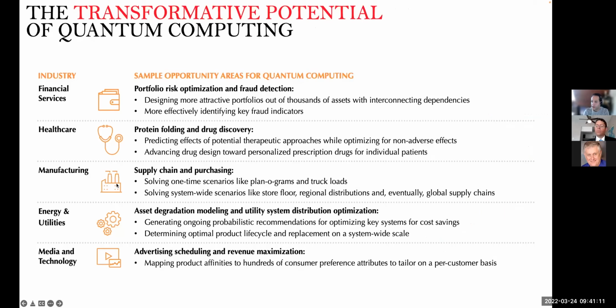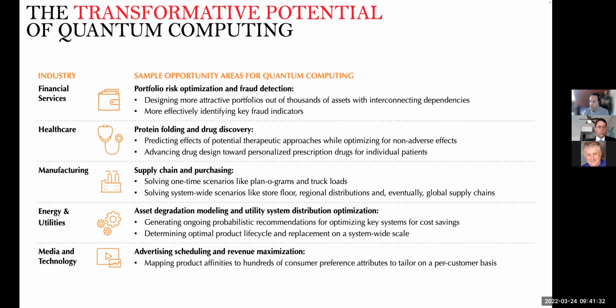In almost every industry that we look at, these are some classifications based on the industry sectors that I've been working in. In financial services, risk optimization and fraud detection is really big, and that goes into the machine learning area, where you can do this more effectively.